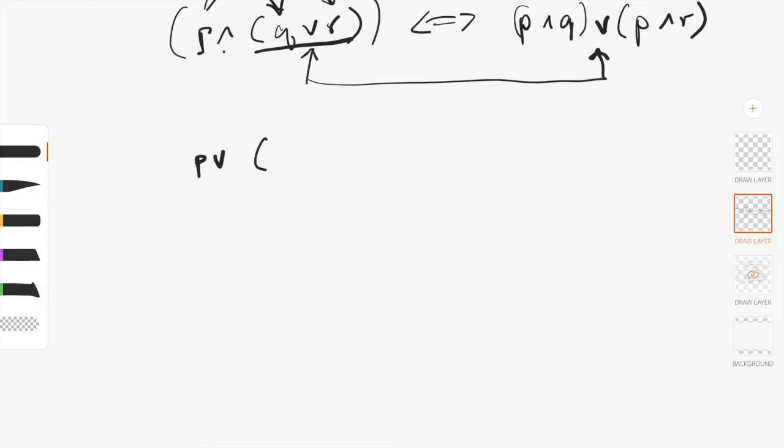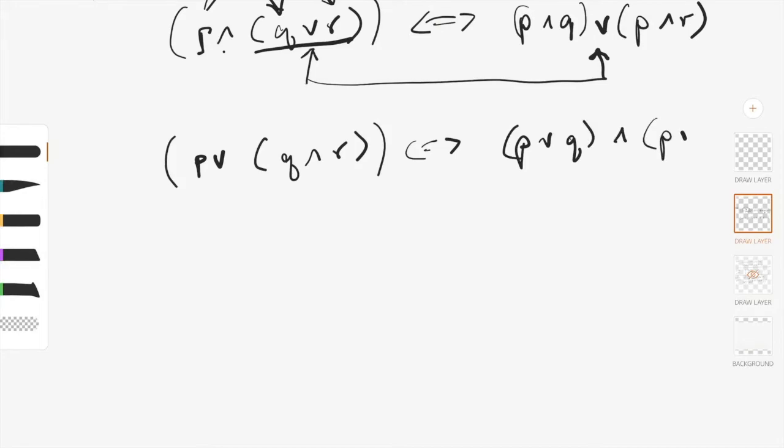It's P or Q and R. And what's logically equivalent is, so let's put our parentheses for grouping, P or Q and P or R. This is a very useful logical equivalence rule in constructing proofs. Why do you think that might be? Because if we have an expression like this and we can turn it into this, then we can use simplification to get either this part or that part. Very handy in proofs.